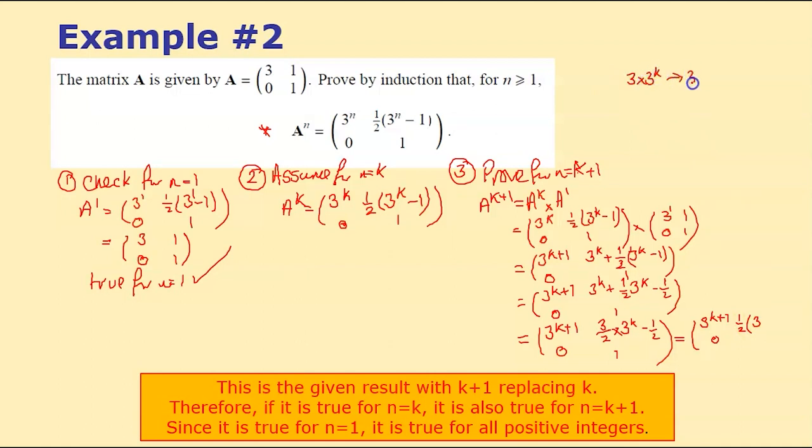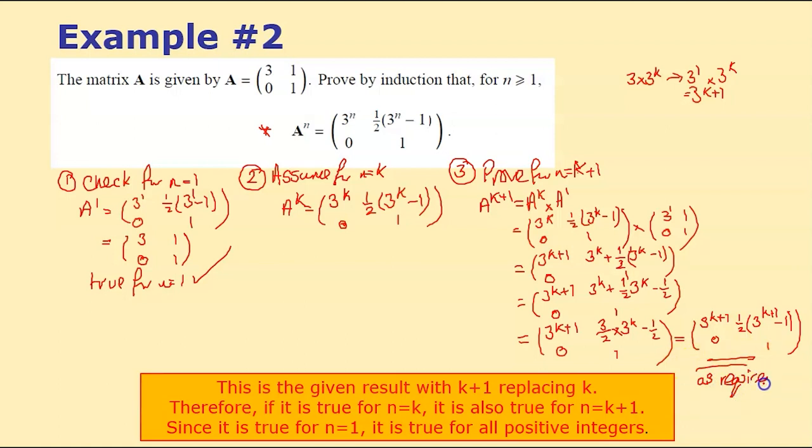But that is like 3 to the 1 times 3 to the k. And of course that is 3 to the k plus 1. So although it doesn't initially look like it, I think that becomes 3 to the k plus 1. Obviously I've taken out a half, so I can write minus 1. And this definitely then is one of those as required.